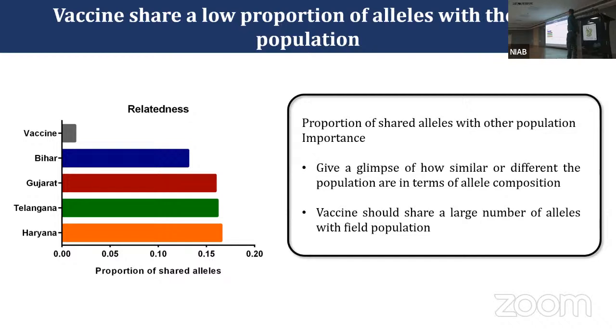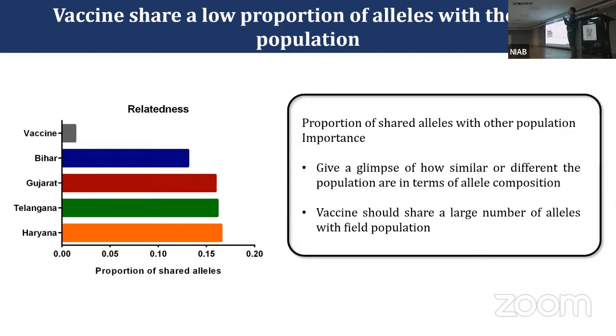Yes, but one thing is that we have taken a neutral marker which is not under any selection. So if two parasites in a population are different or have dissimilar genotypes, then it should give a different genotype or different profile. Not a single marker, we have used 10 markers.